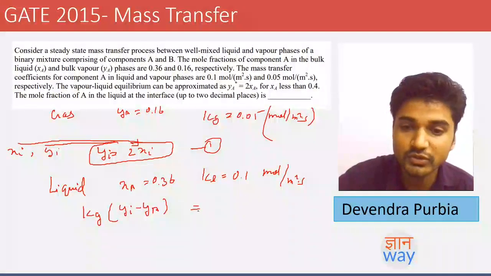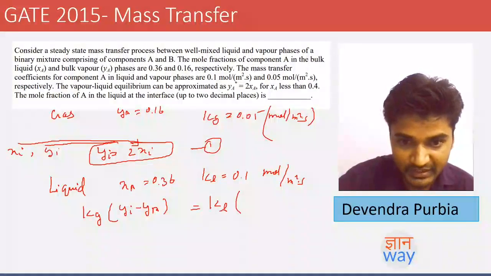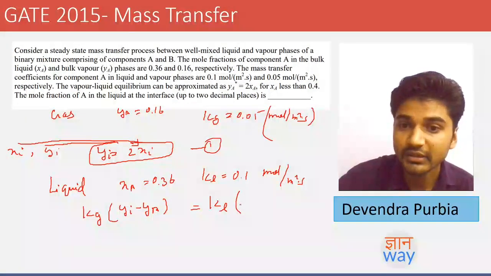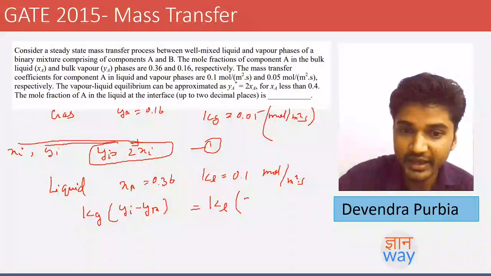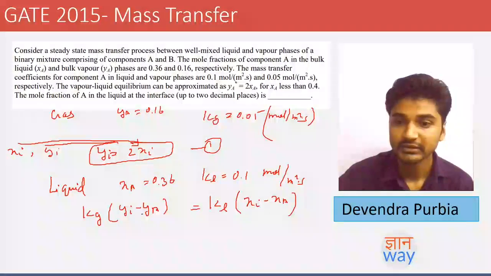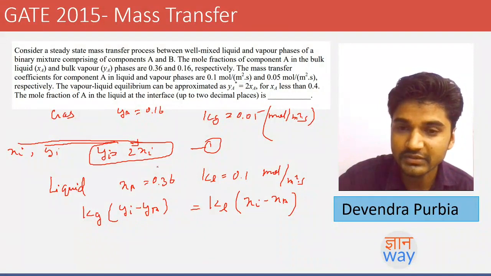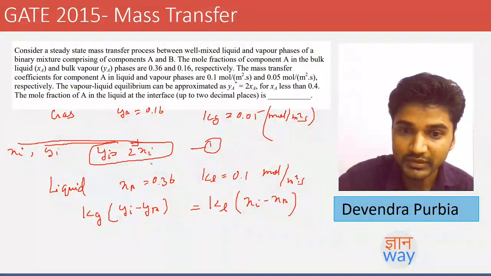That will be equal to mass transfer in liquid, that is KL, times Xi minus Xa. So this is the operating line. We have this Yi and this Xi.